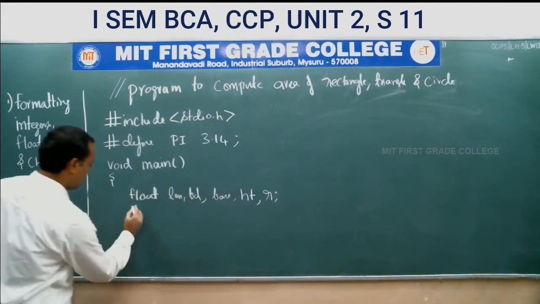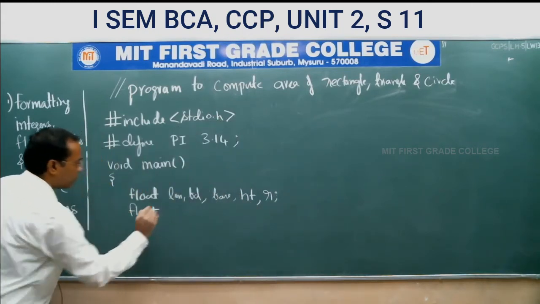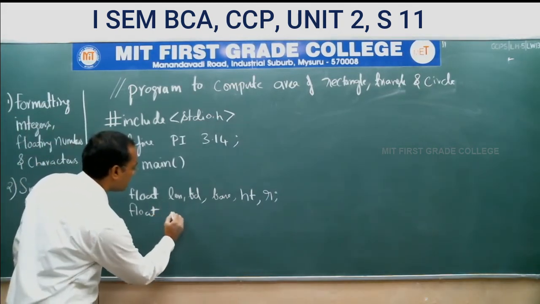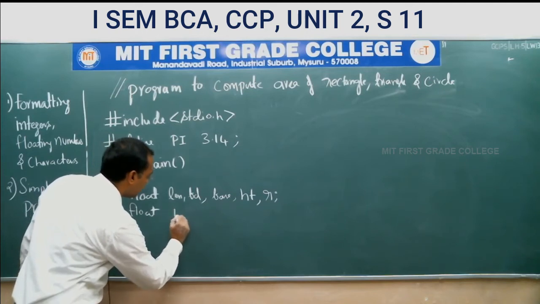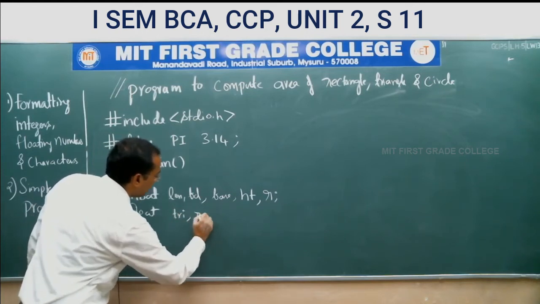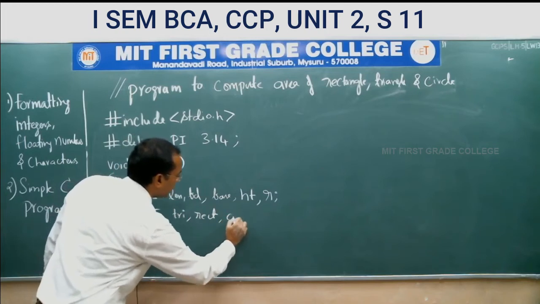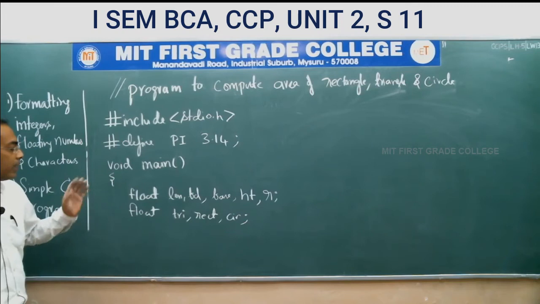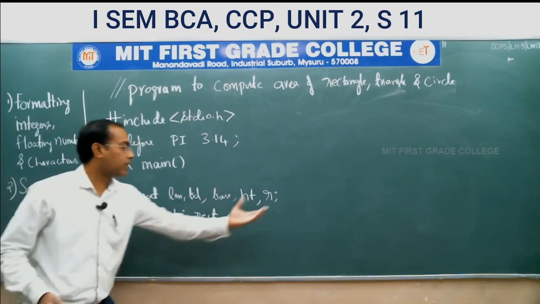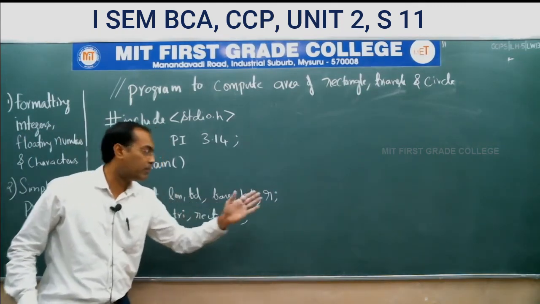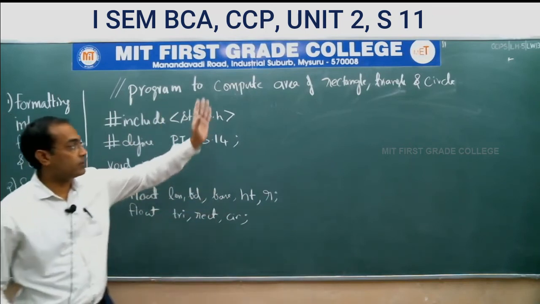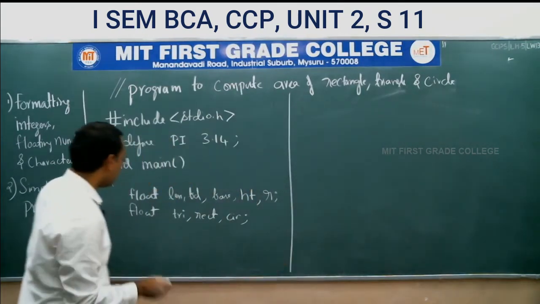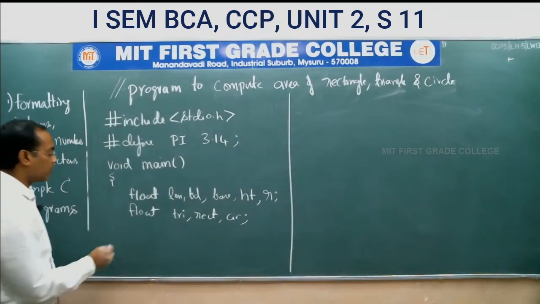Also, in the next line I am going to declare the output variables: tri, rect, and then cir. So these are the input and output variables. I could have declared them over here only using the comma operator, but I want to reserve some space over here. That's the reason I am writing it in the next line with a separate float keyword.